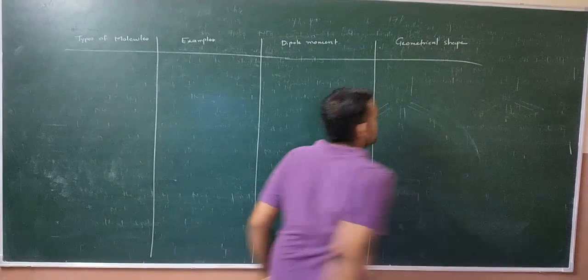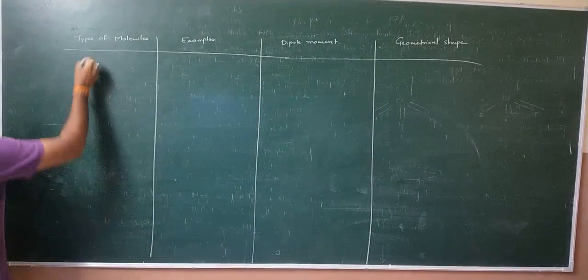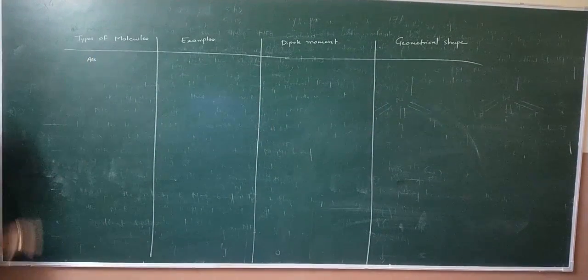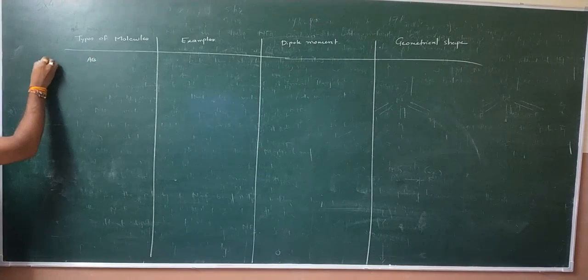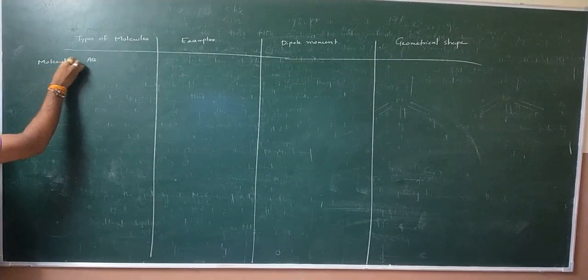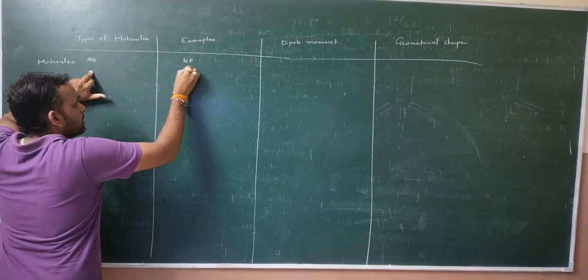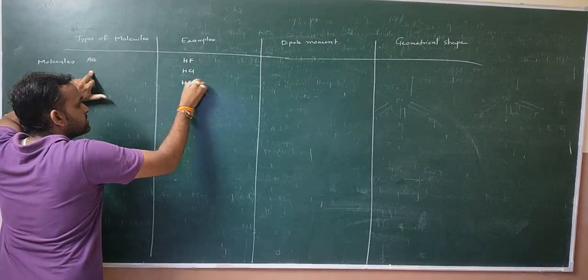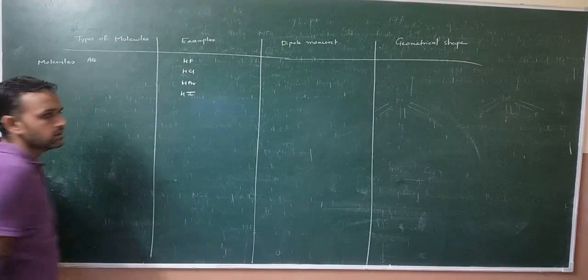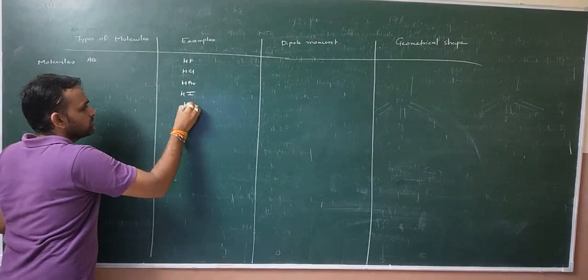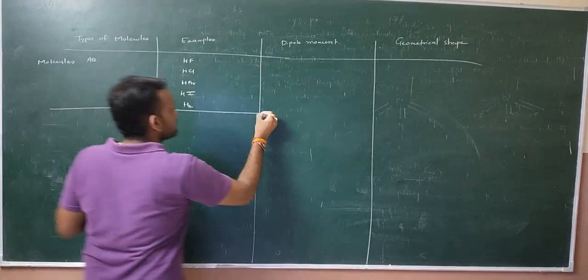First of all, type AB molecules, right? Here HF, HCl, HBr, HI and the last one H2, right?